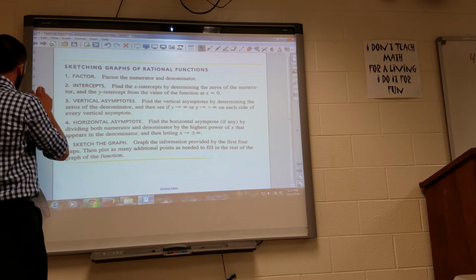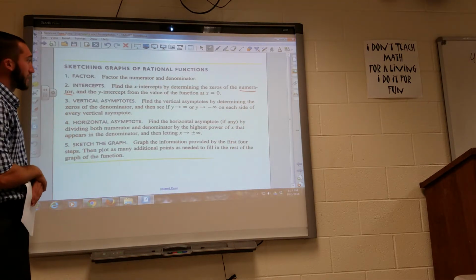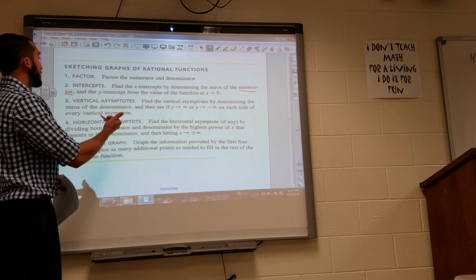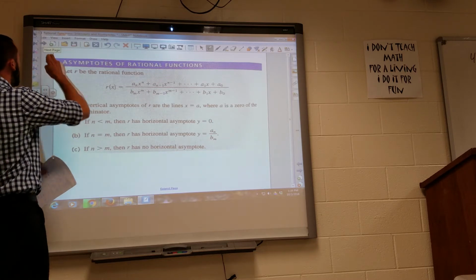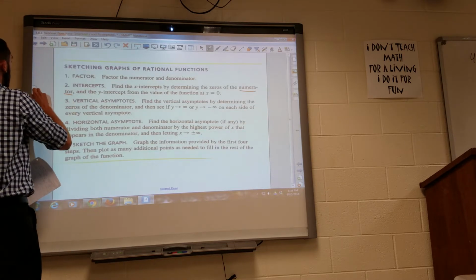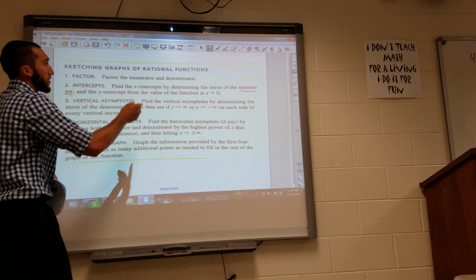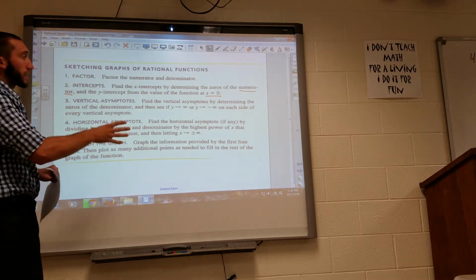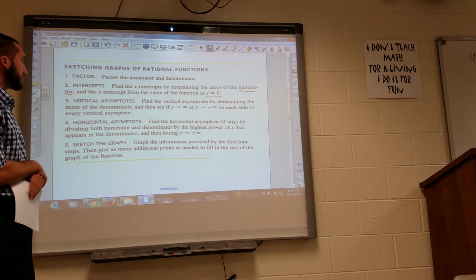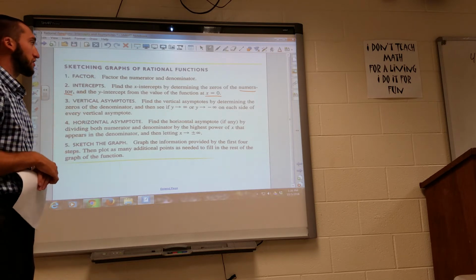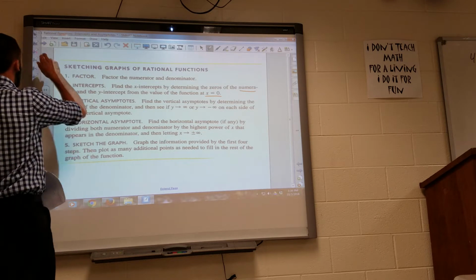Zeros of the numerator give us the x-intercepts, and zeros of the denominator gave us the vertical asymptote, so you have to keep those separate. For the y-intercept, we basically plug in 0 wherever you see an x, and that'll be the y-intercept. We'll get into vertical and horizontal asymptotes in the next example. Right now, we're only worried about factoring it, if it can be factored, and then finding the x and y-intercepts.